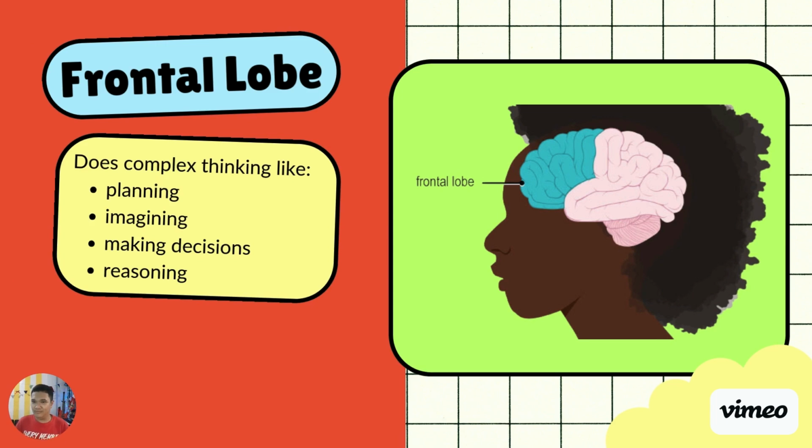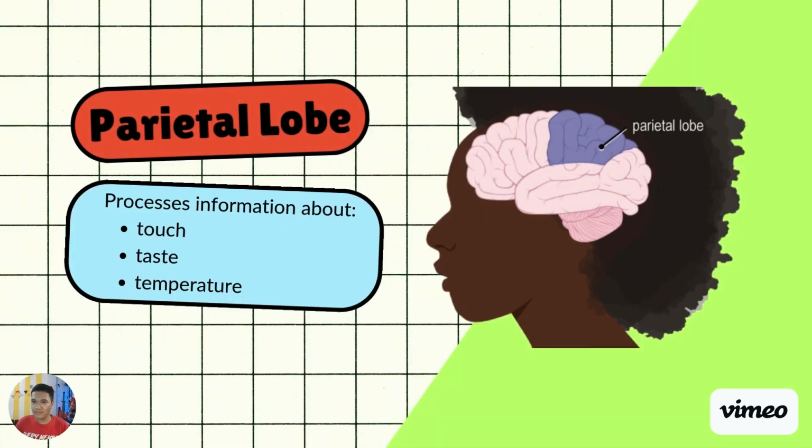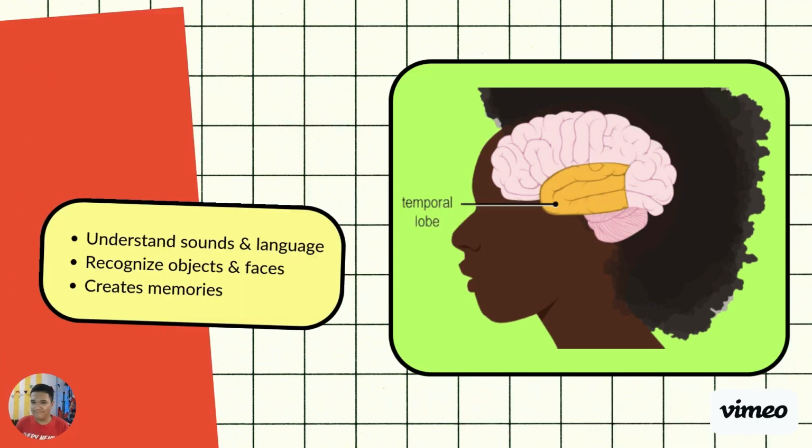The frontal lobe, located behind the forehead, does much of the work of complex thinking like planning, imagining, making decisions, and reasoning. The parietal lobe, located in the middle section of the brain, just behind the frontal lobe, processes sensory information like touch, taste, pressure, temperature, and pain.